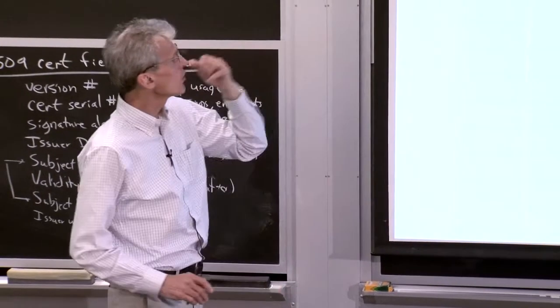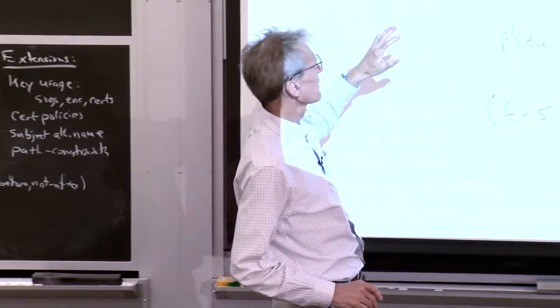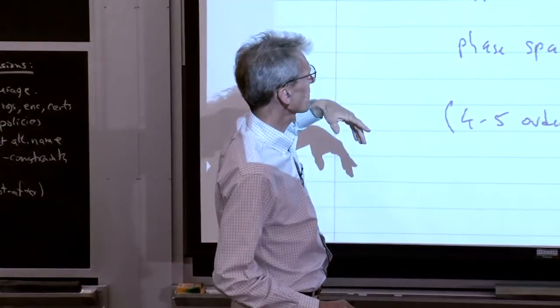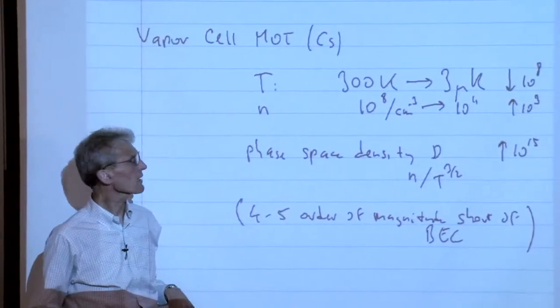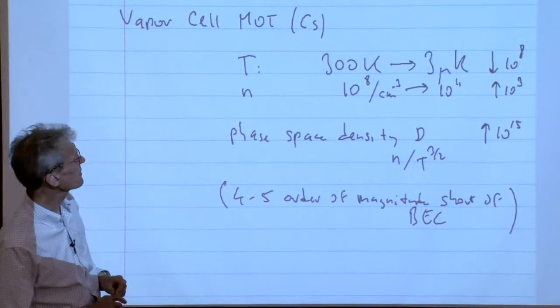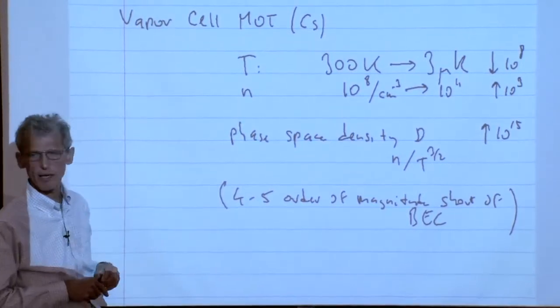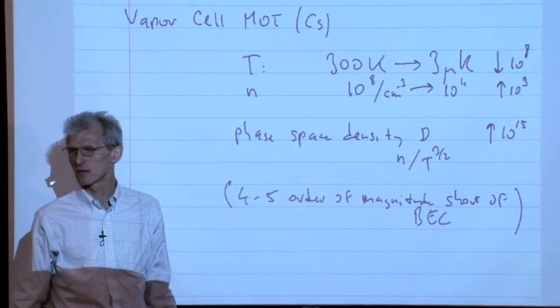Okay, in your homework assignment, you will put in some numbers which show what happens if you take an alkali vapor at a very low density of 10 to the 8 per cubic centimeter, pressure of typically 10 to the minus 8 torr, and you arrange 6 laser beams around it.